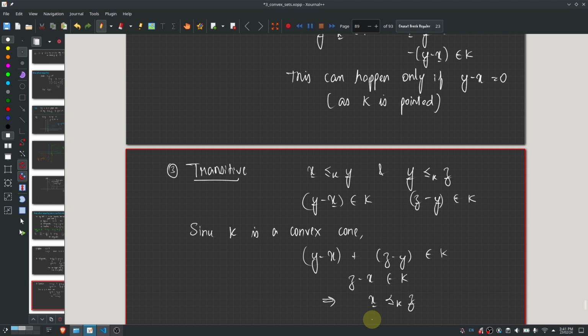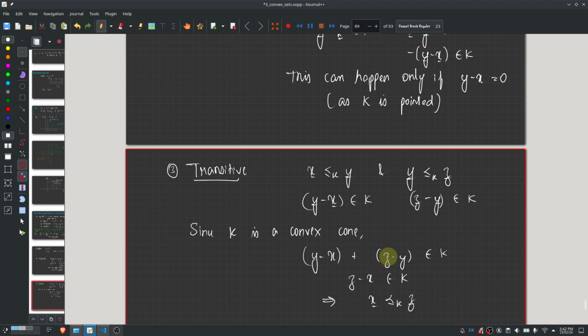Okay, so these generalized inequalities in fact behave like normal inequalities, right? Just like component-wise inequalities, for example. I can choose anything I want. I just want to show that x is less than or equal to z.